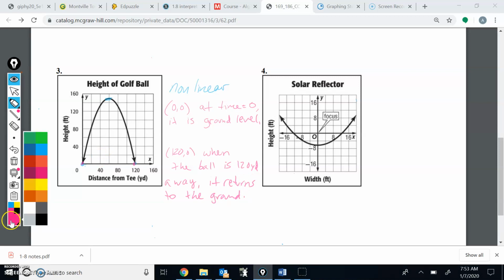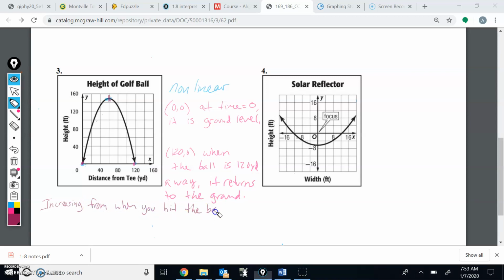Let's talk about increasing, decreasing, and positive, negative stuff. The graph is increasing from when you hit it up until this point right here. Because at this point, it's at the vertex, it's called, then it starts going back down. So we write increasing from when you hit it, and then up until it's about right here, 60, until it is 60 yards away.